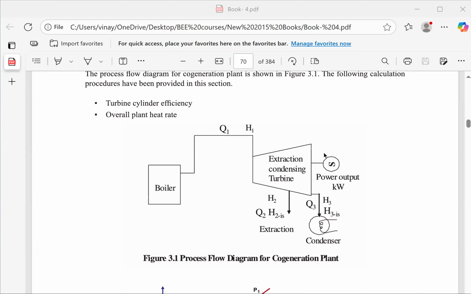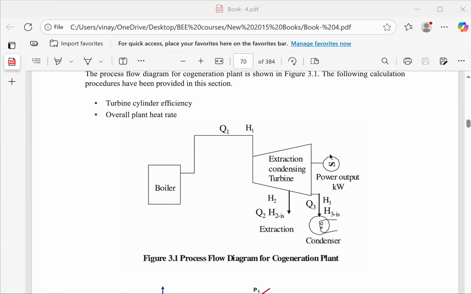Now, this balance heat Q1 H1 minus H2 minus H3, this heat and this heat, still there is a difference between this and these two. That difference has gone to generating electricity.